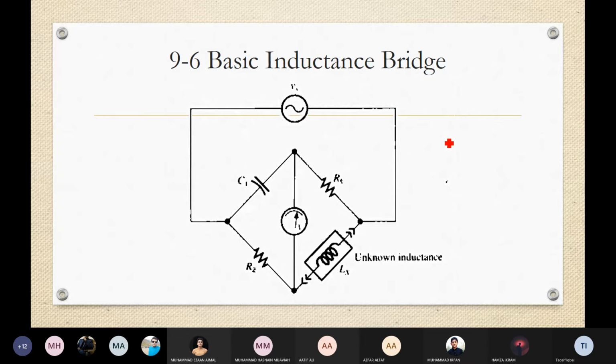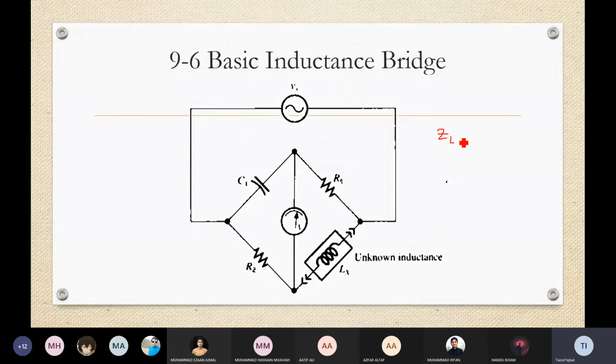So how do we make sure whether the capacitor or inductor are pure ones or they have parasitics? Any idea? No idea? Okay.